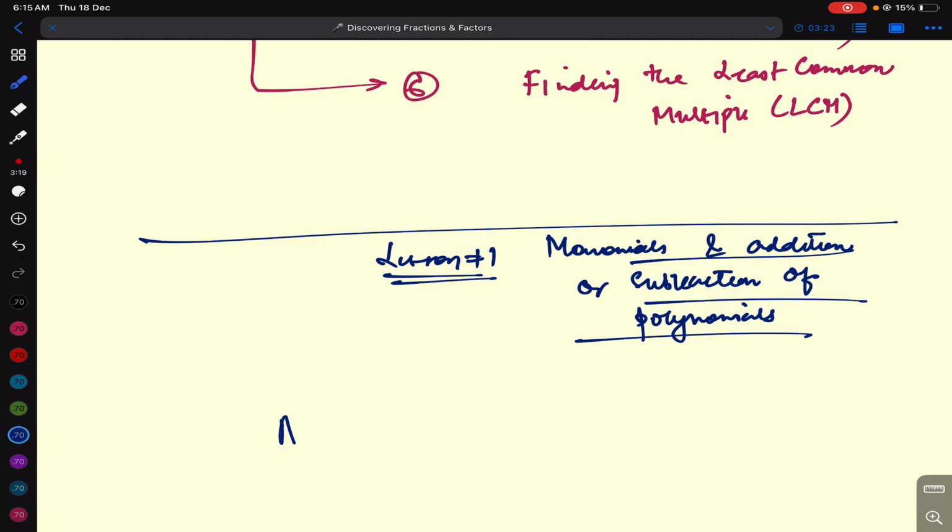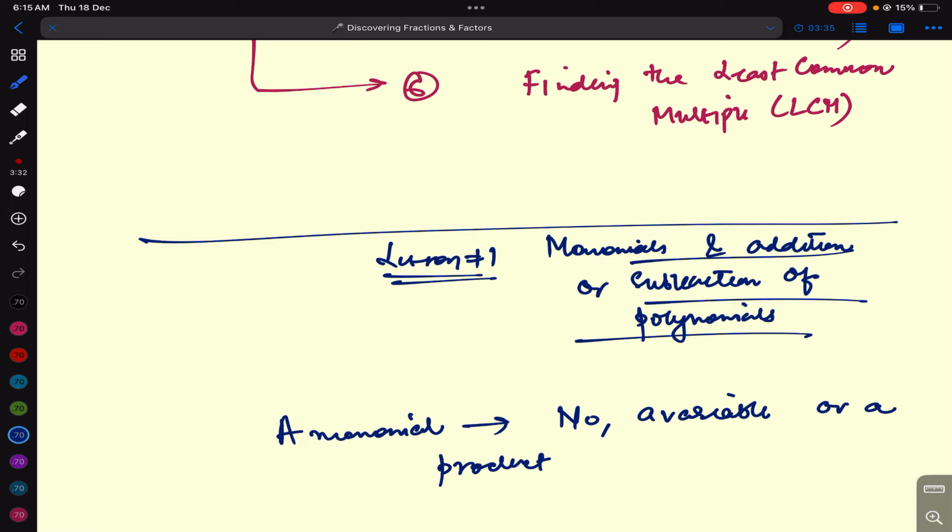So a monomial is basically a number, a variable, or a product of a number and a variable.